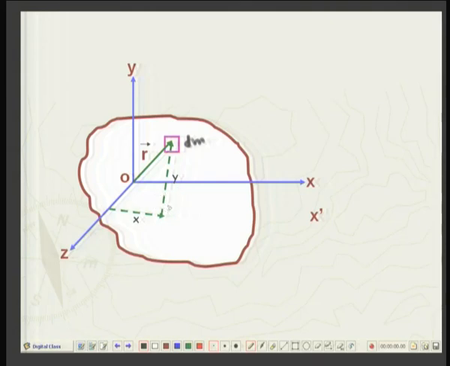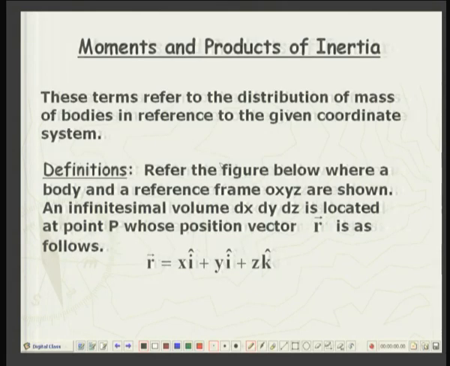Coordinate x is parallel to the x axis, coordinate y parallel to the y axis, and coordinate z is not shown, which I am showing now. This is parallel to the z axis. So, if I now consider that element whose position vector r is equal to x times the unit vector i, plus y times unit vector j, plus z times unit vector k.